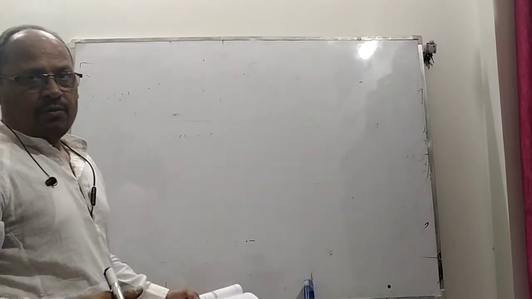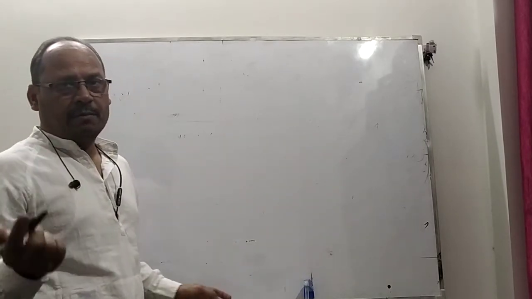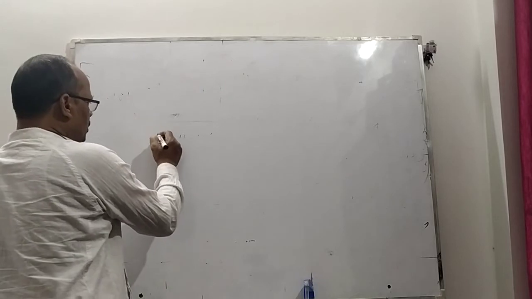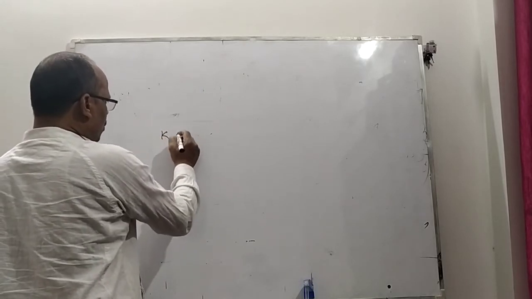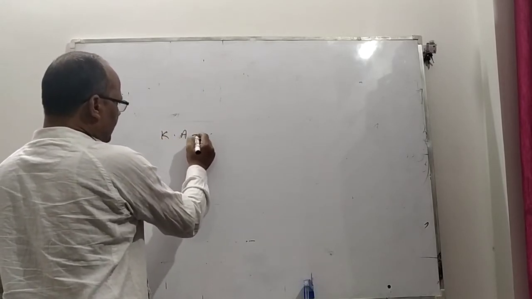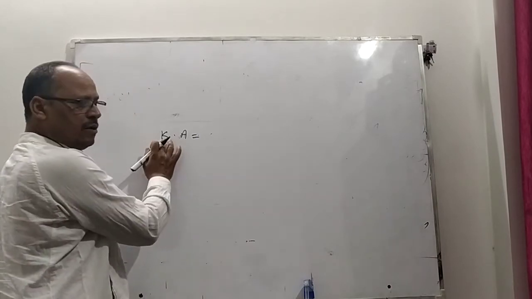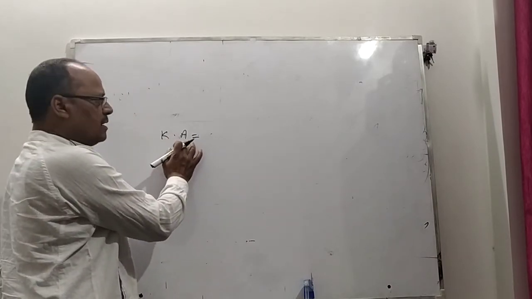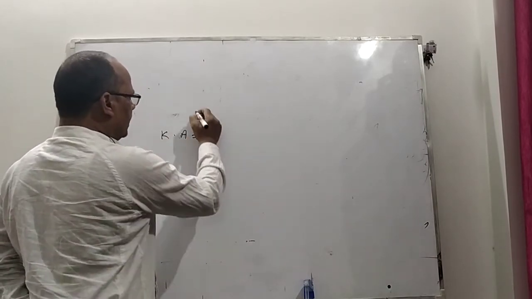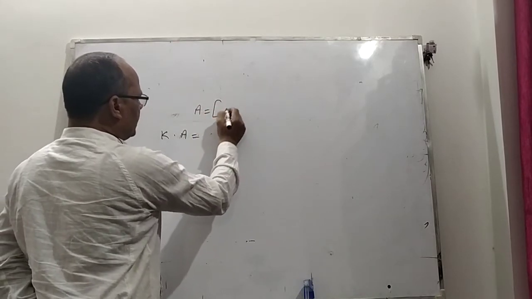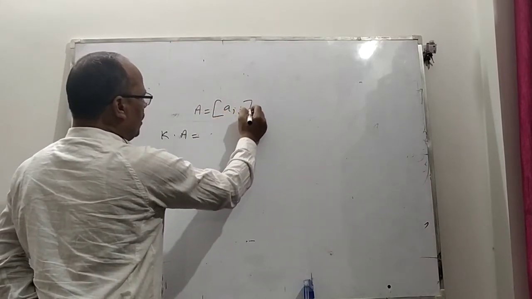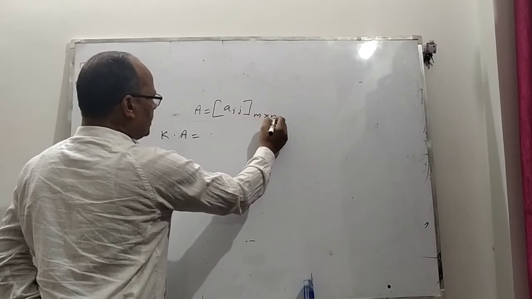And scalar multiplication with the matrix. Suppose k is a scalar value and it is multiplied with the matrix A. A is a matrix Aij of order m cross n.